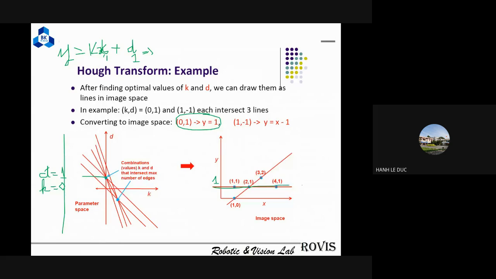Is it this one? Is it this one? Okay. Similar.